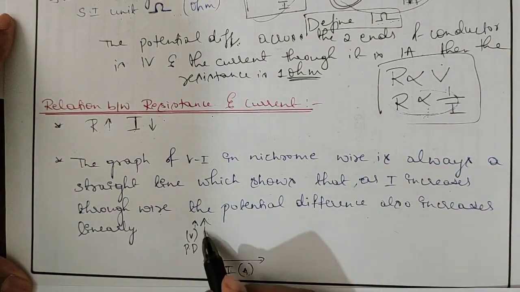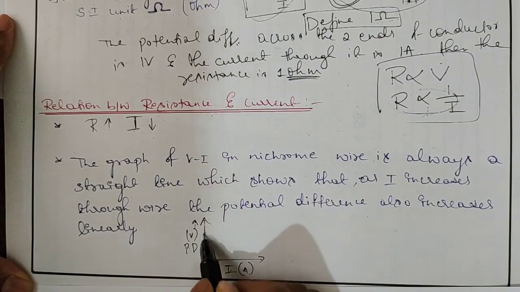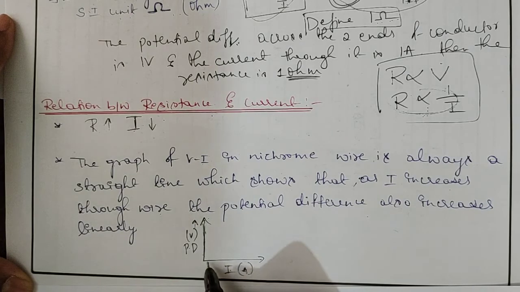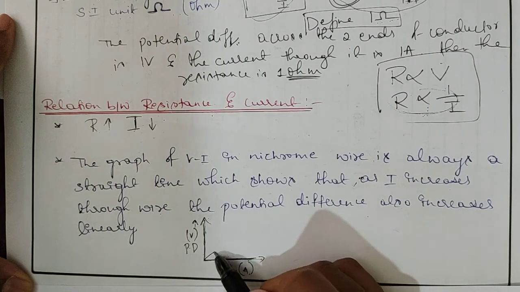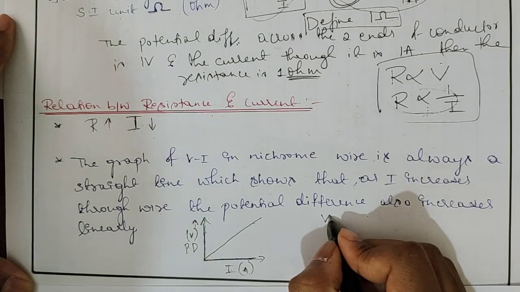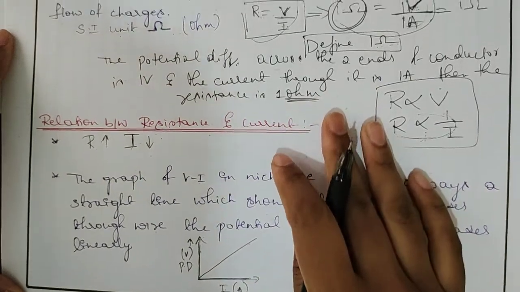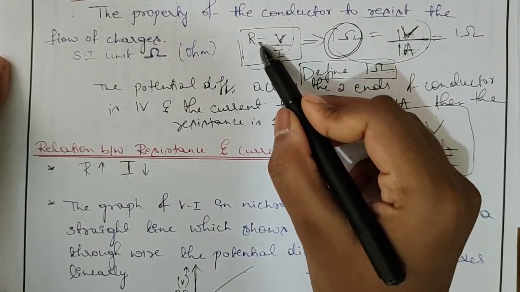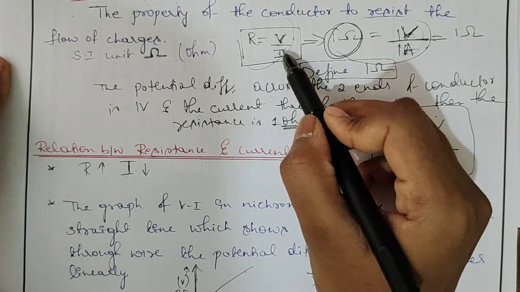So in the textbook we have it with the values, right? You can just observe that as potential difference is increasing, the value of current is also increasing simultaneously, and whatever we got, the straight line, it is nothing but V by I. Now what is V by I? Coming back to the resistance formula, R is equal to V by I, potential difference divided by current.